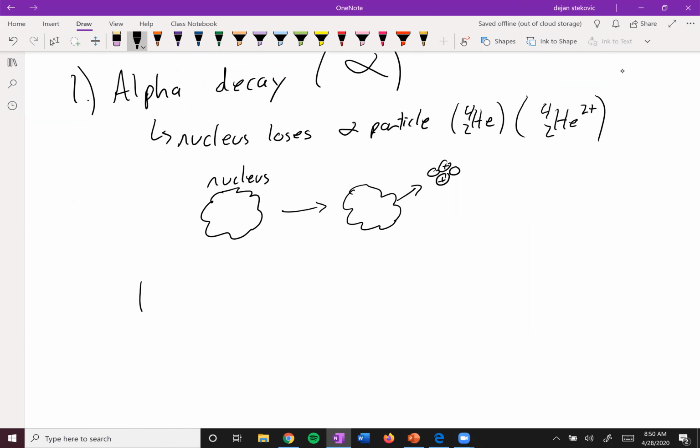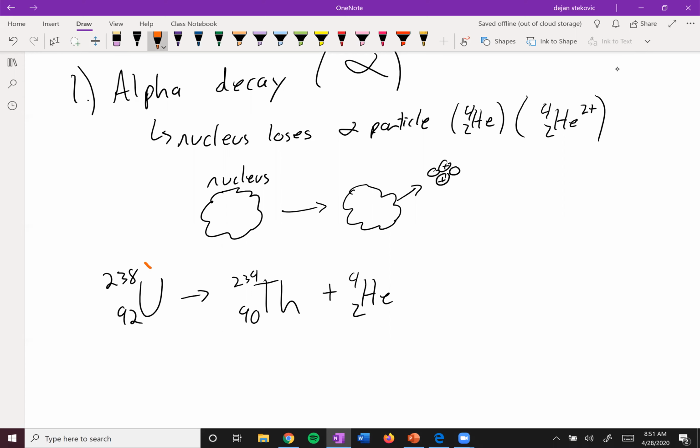So uranium does this, so U-238 can decay into thorium and an alpha particle. So a helium-4.